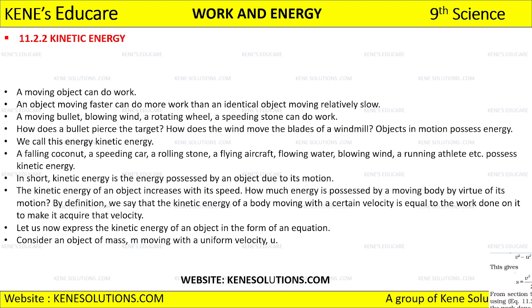If the object is moving slowly, the work done will be less. A moving bullet, blowing wind, rotating wheel, a speeding stone, they all can do work, and in all these cases they are moving fast.